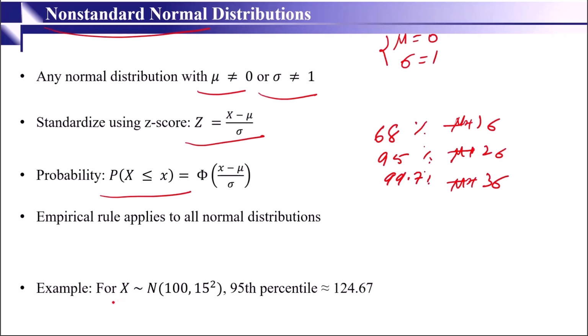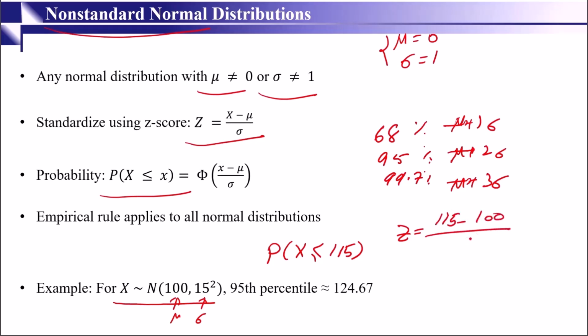We have X as a random variable which follows mu equal to 100 and sigma equal to 15. We want to find the probability of X less than or equal to 115. In this case, z is equal to 115 minus 100 divided by 15, which is equal to 1.